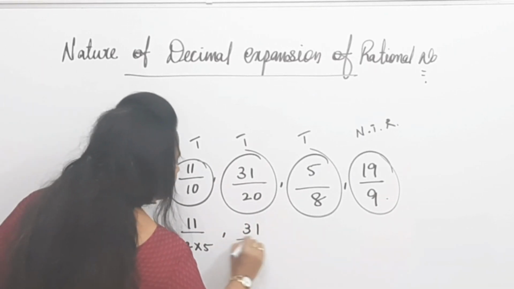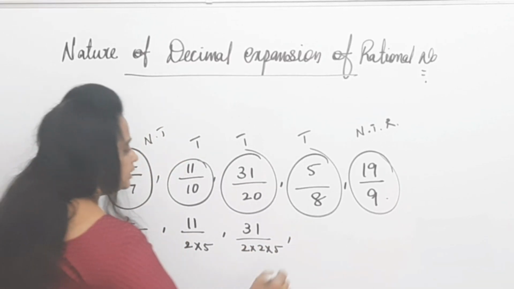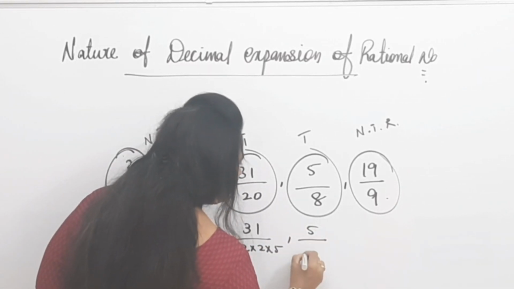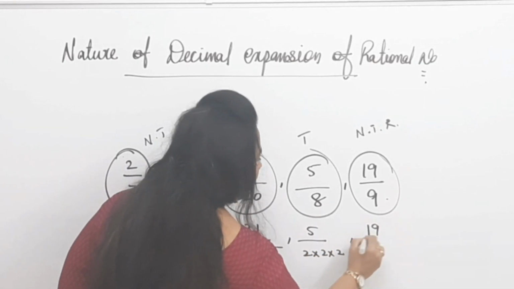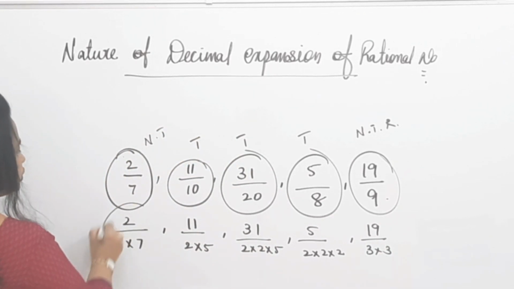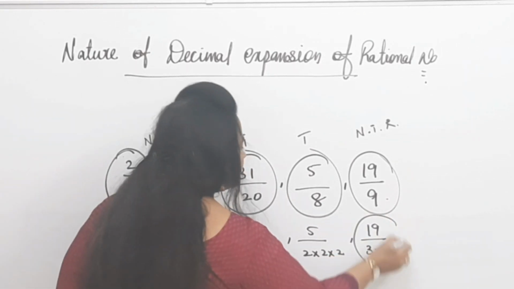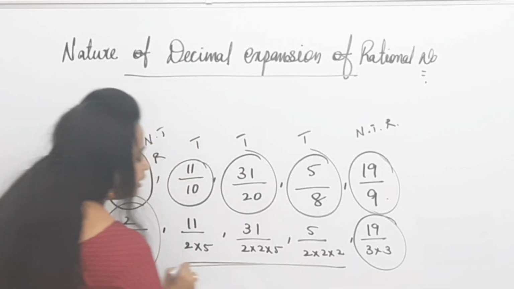Here the factors are 2 into 2 into 5. And this one, 5 divided by 2 into 2 into 2. And this one, 19 by 3 into 3. Now I told you these two are non-terminating recurring, and these are all terminating.